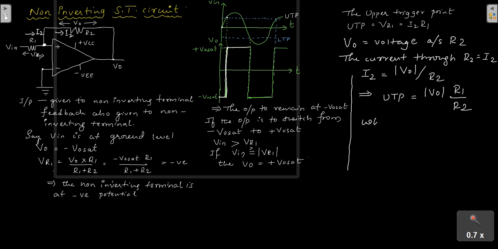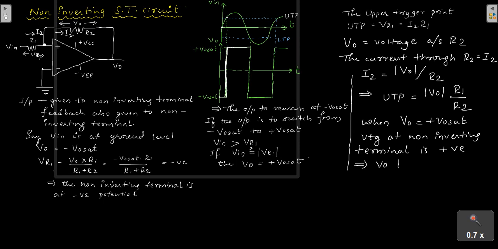So when V naught is equal to plus V naught sat, the voltage at the non-inverting terminal is positive. This makes V naught remain at plus V naught sat.